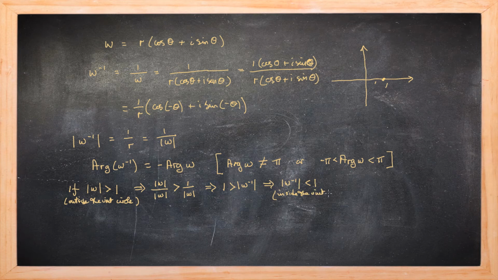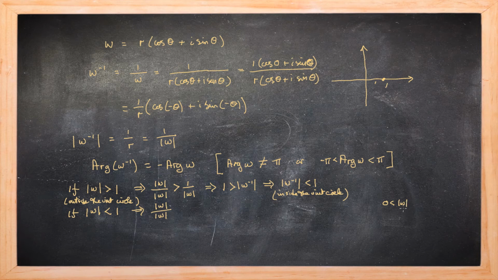So that's one of the observations we made. And of course there's the other one, that if the modulus of w is less than 1, we'd be slightly careful here. If we're dividing both sides of this by the modulus of w, we have to make sure it's not negative. Now remember, the modulus of w is positive, so we know that this inequality holds.